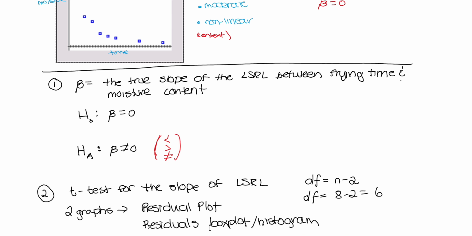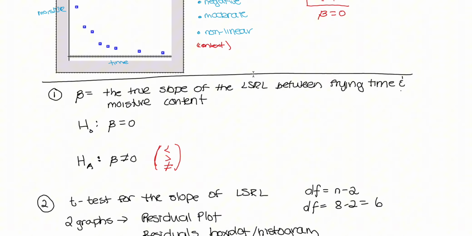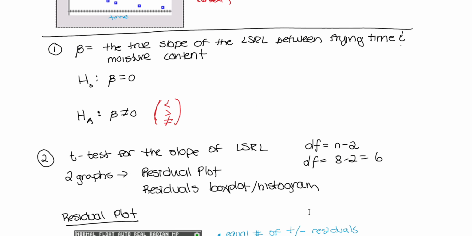That's another way to express your data and help the reader visualize what's going on. The degrees of freedom in this case will be n-2. n is 8 because we have 8 different time recordings. 8 minus 2 gives us 6, so that's our degrees of freedom.